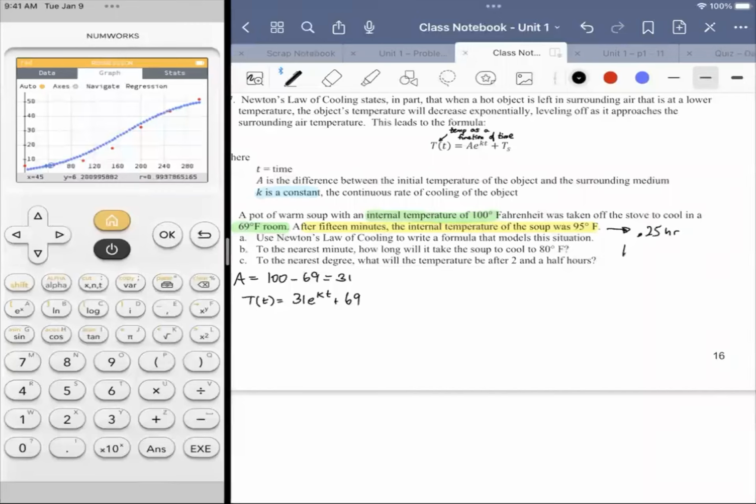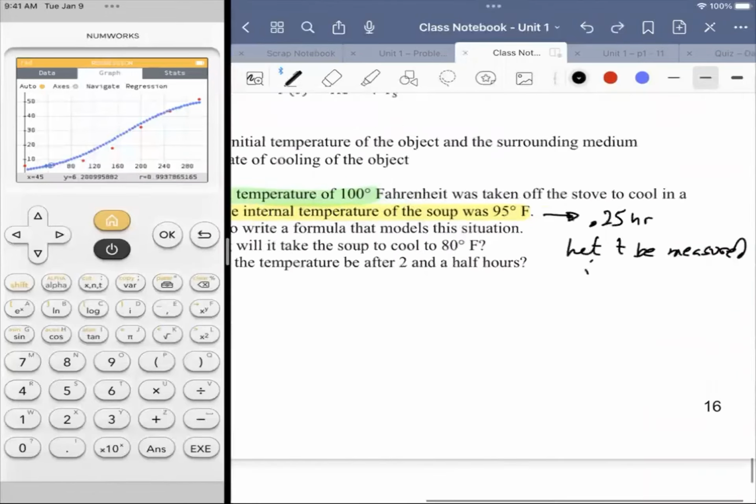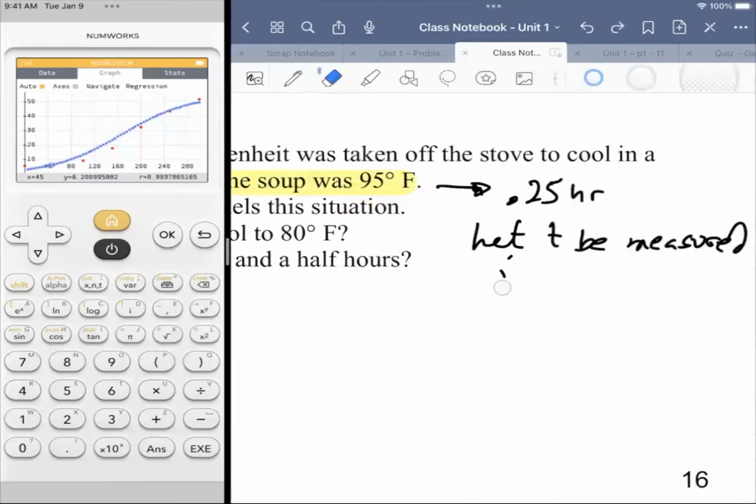So I'm going to let t be measured in hours. Like kind of stuck in a corner here. Clean that up a little bit. Let t be measured in hours.